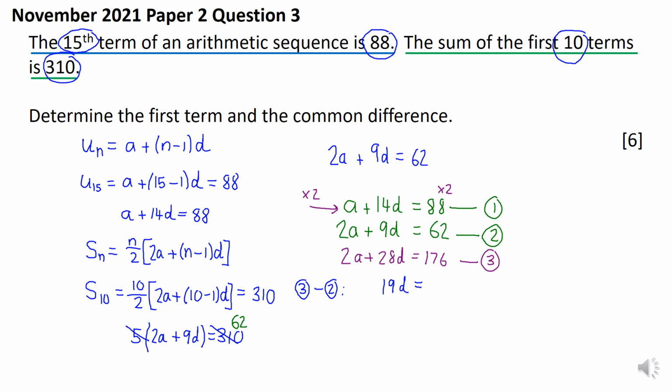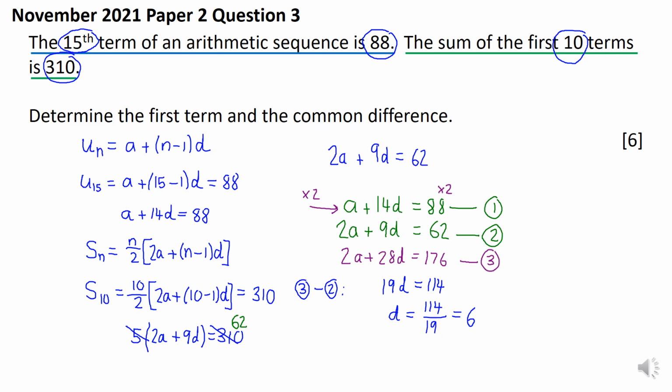And 176, take away 62, leaves us with 114, I believe. 114. And so d is 114 divided by 19, which is exactly 6. We still have to find the first term. So d is the common difference, of course. We still have to find the first term.